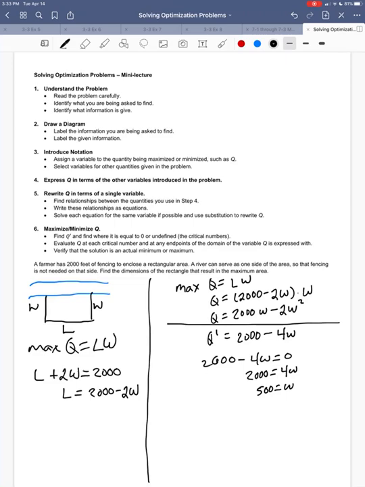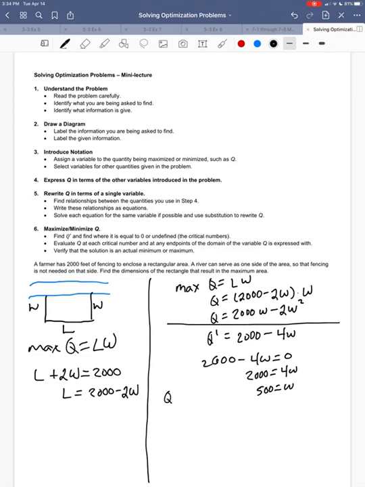Now, there could be a couple of ways of verifying that that's actually a maximum value and not anything else. One thing is to look at plugging into Q prime. Q prime only has one solution, 500. So for values less than 500 or greater than 500, Q prime might be less than 0 or greater than 0 on either side.